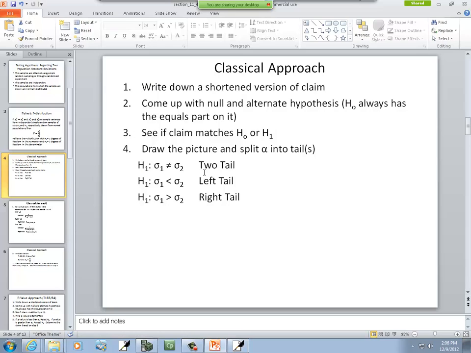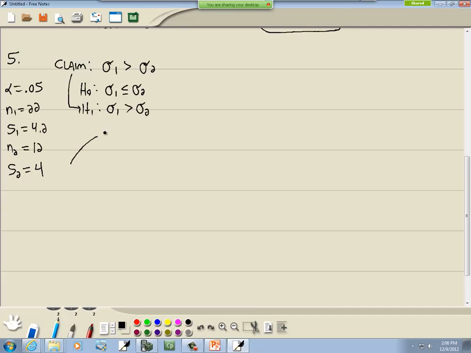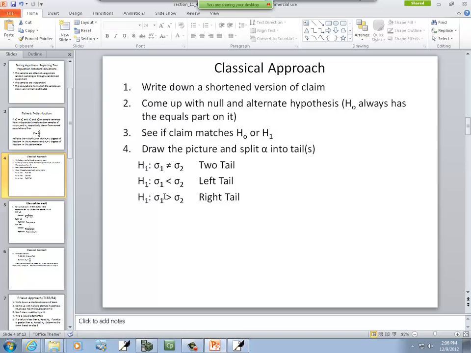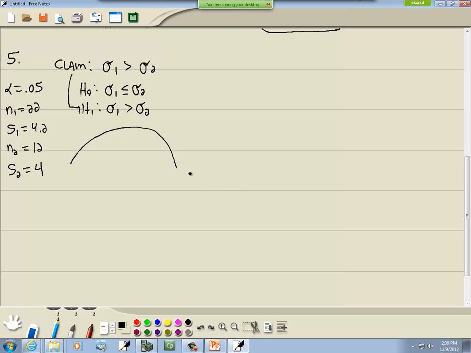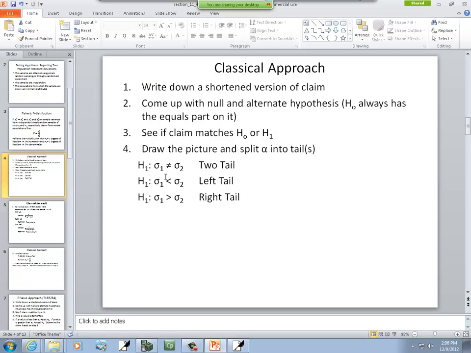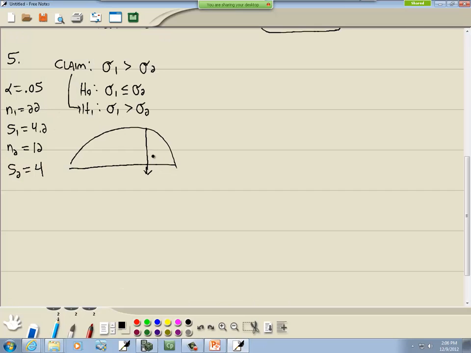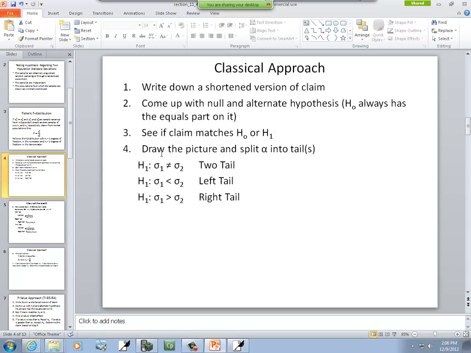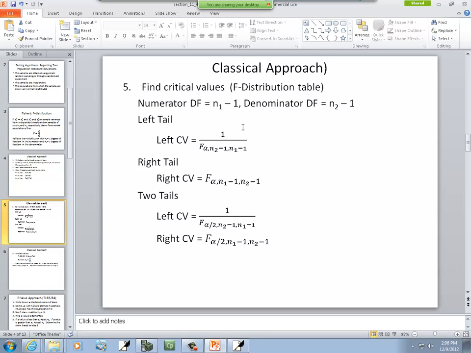Step 4, draw the picture and split alpha into the tails. Okay, well, we've got a greater than on H1, and greater than on H1 means we have a right tail. Split alpha into our tails. Alpha is 5%, so put 5% there, and if 5% is there, then 95% is over here. Okay, find our critical value.